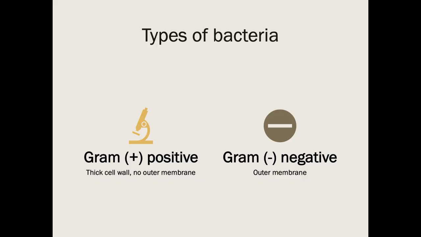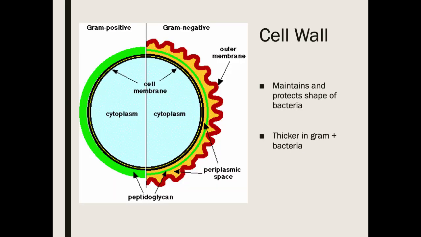And then when talking about antibiotics, we have to pay attention to the types of bacteria that we are targeting. We've got gram-positive bacteria, we've got gram-negative bacteria. Our gram-positives have a thick cell wall with no outer membrane, and our gram-negatives do have an outer membrane. So here's our gram-negatives. They've got this cell wall here, and we've got this outer membrane.